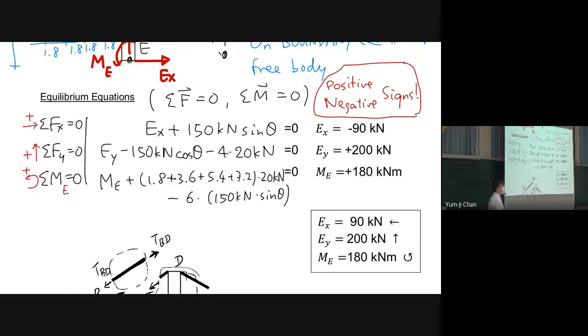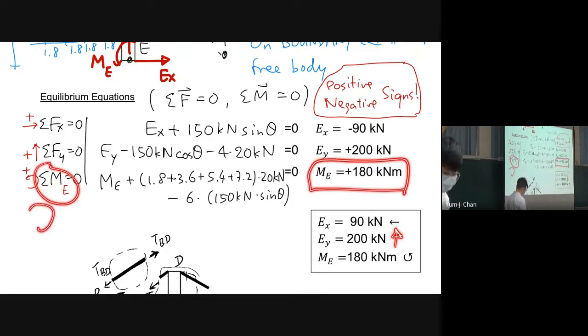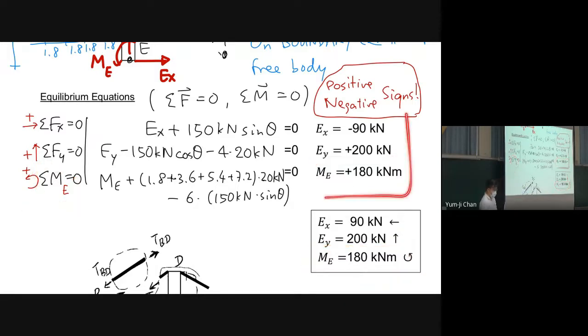And because this one is plus 20 kilonewton, and plus is going upwards, EY is 200 kilonewton going up. Okay, and for ME, this one ME is plus 180 kilonewton meter, and anti-clockwise is positive, so ME is 180 kilonewton meter anti-clockwise. But in my examination, you can write this.